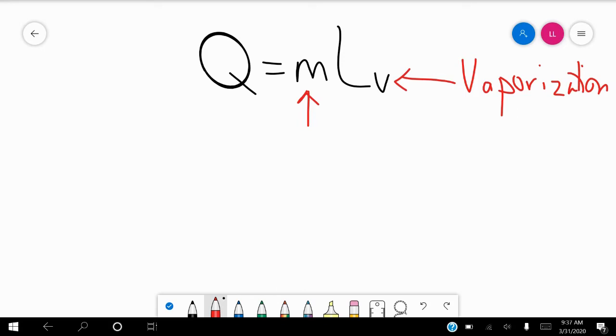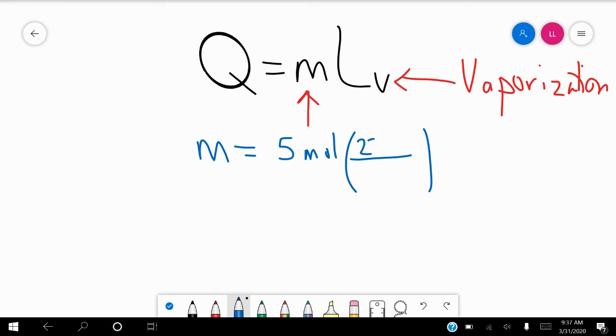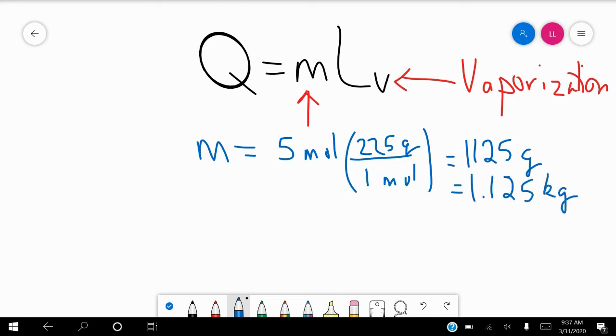So essentially, you're going to do a conversion factor. So mass is equal to 5 moles times your conversion factor, 225 grams per mole, which tells us that we have 1,125 grams, or 1.125 kilograms.